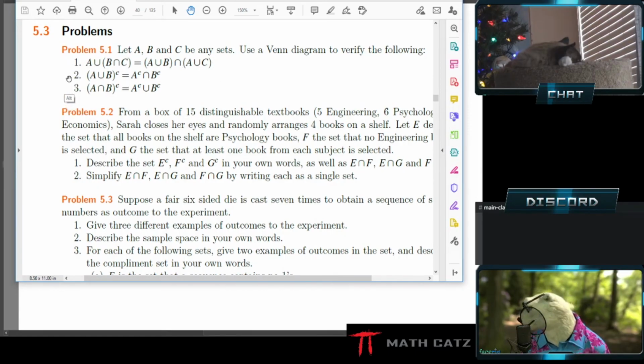Number 2 and 3 are the same, but it involves this complement, so my strategy is the same. I just have to systematically go about making these results. Brackets come first. So for example, in the first one, I would find the union of A with B, make it a color, and then the complement is everything that does not have that color. See the result, and then combine it in this way and so on.